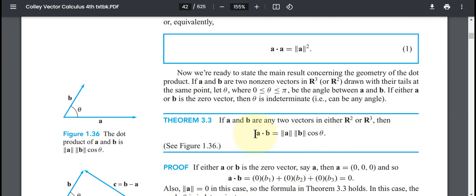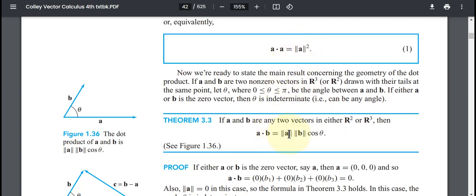So in that case, if the two vectors have 0 angle between them, in other words, if they point in the same direction, then it does just work out that A dot B is the norm of A times the norm of B. And that's precisely what happens here, right? A is, of course, in the same direction as A, so the angle between A and A is 0, so the cosine will be 1, so we're just going to get the norm of A times the norm of A, and that's what we get here.